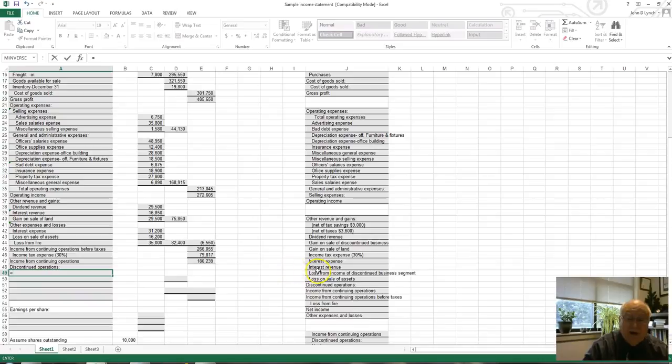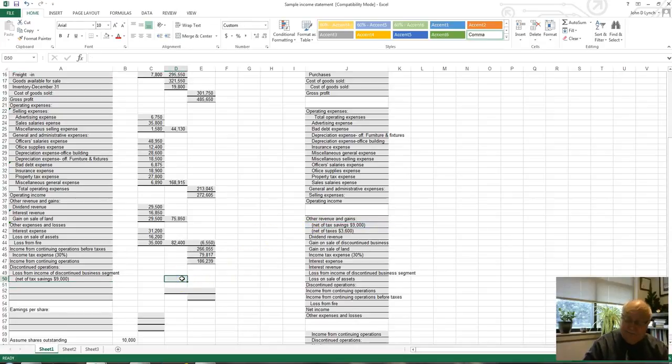So what we'll have here, we have the loss from income of business segment. Now we're going to assume a $30,000 loss, and remember we're in the 30% bracket.